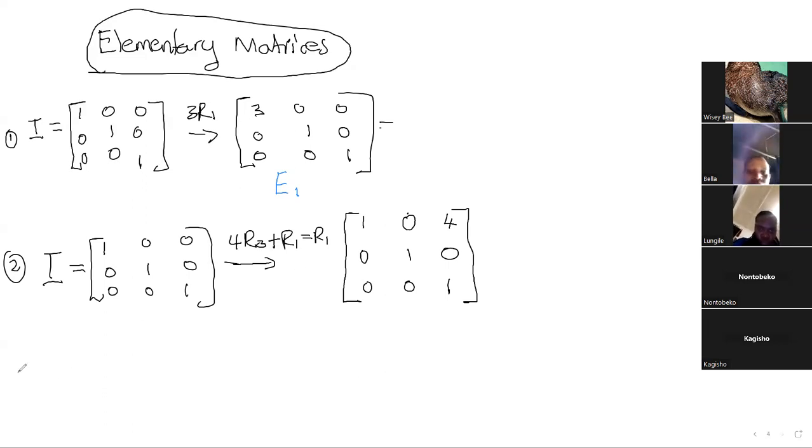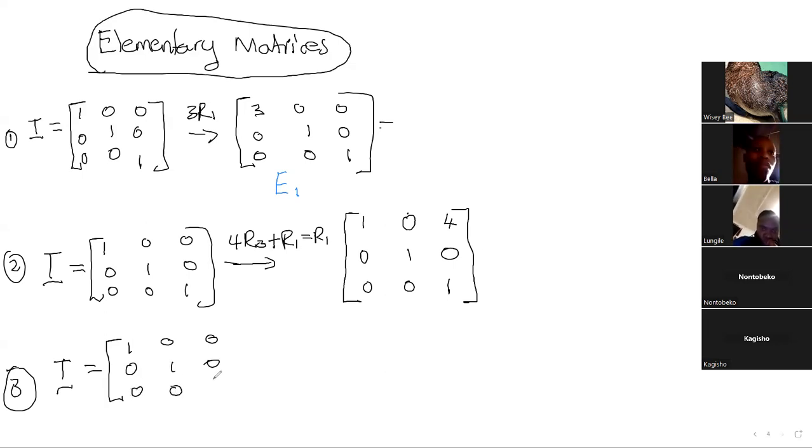And then the third one, let me quickly do this one first. This is equal to 1, 0, 0, 0, 1. Let's say we exchange row 1 and row 3, for example.